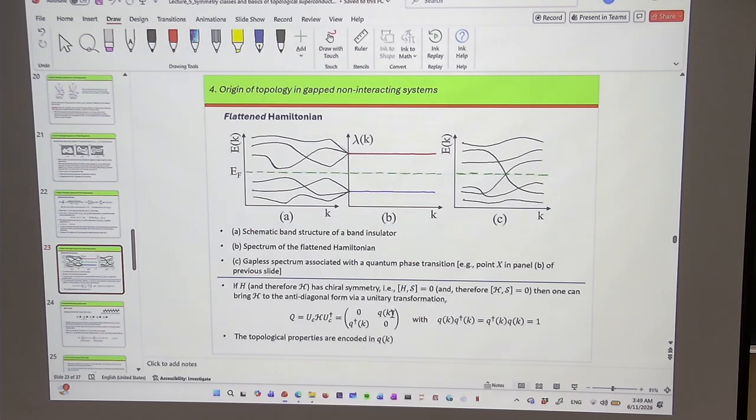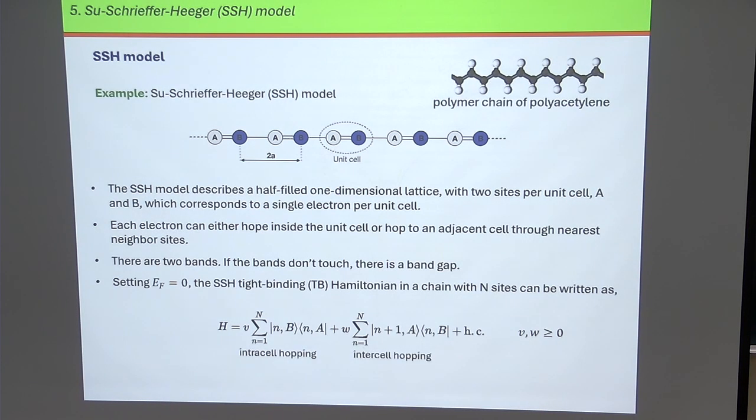Now I will show you an example of how to calculate things with this. I will try to go more or less in detail, and this is perhaps the simplest example we can have. It is the so-called Su-Schrieffer-Heeger model, or SSH. It was introduced to model the polymer chain of polyethylene.